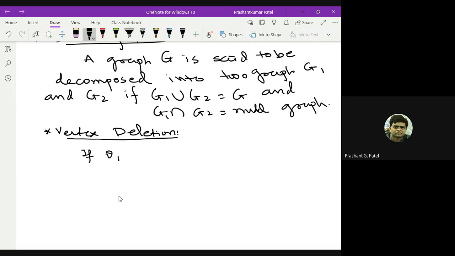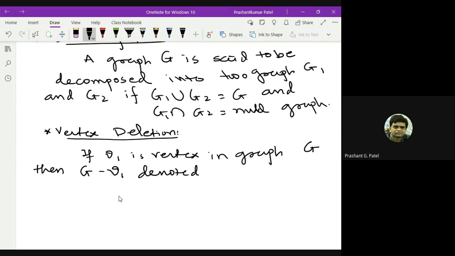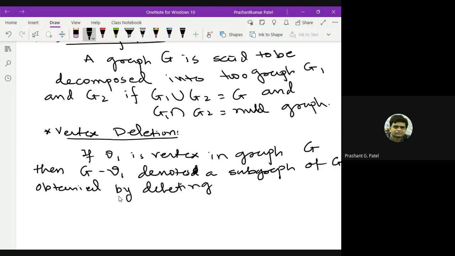If V1 is a vertex in a graph G, then G minus V1 is denoted as a subgraph of G obtained by deleting V1 from G. Deletion of V1 means what?